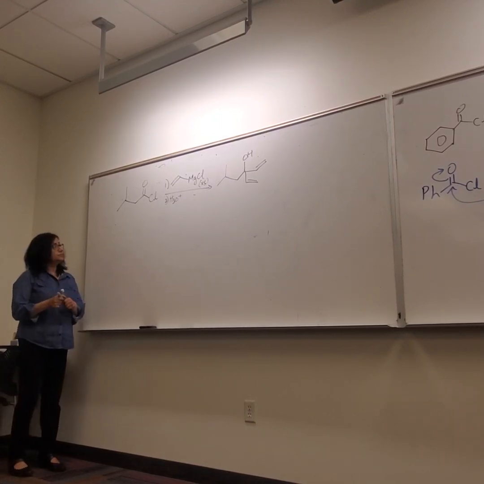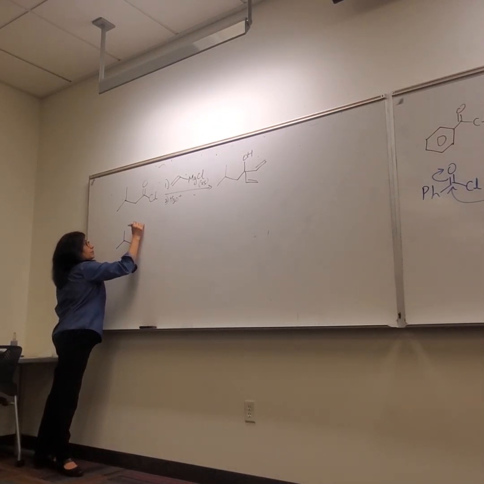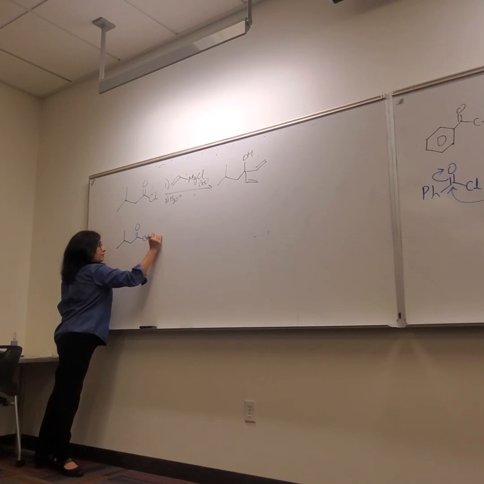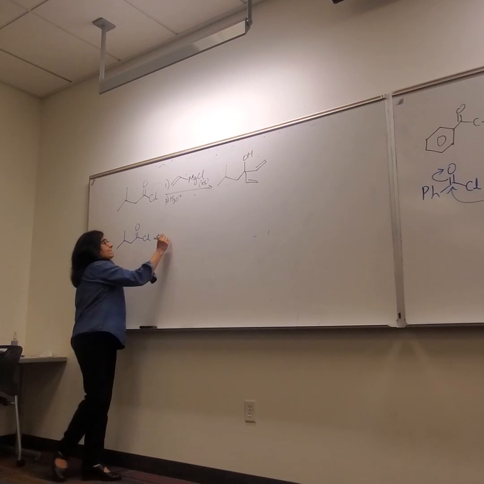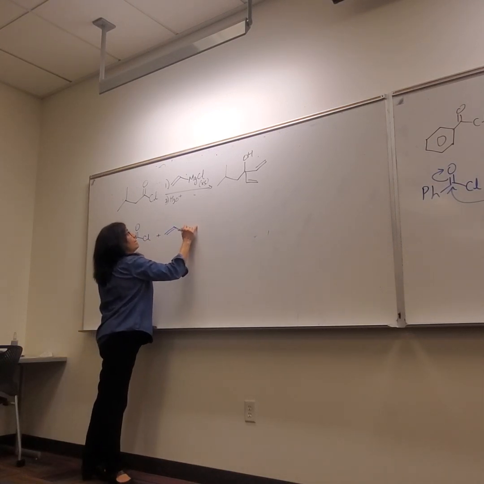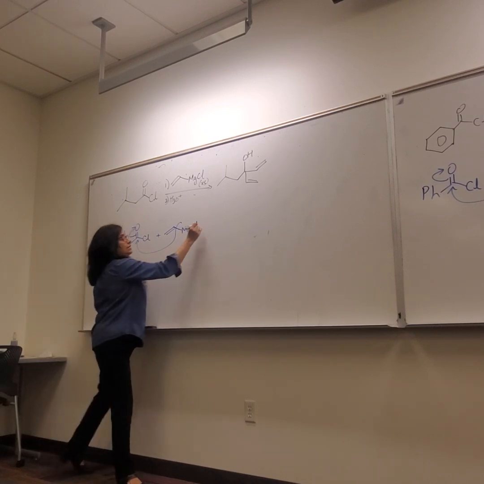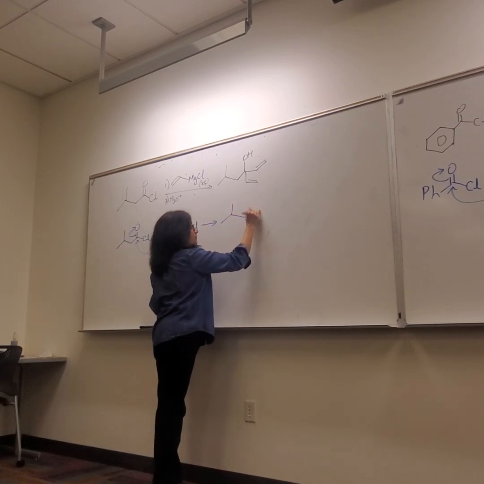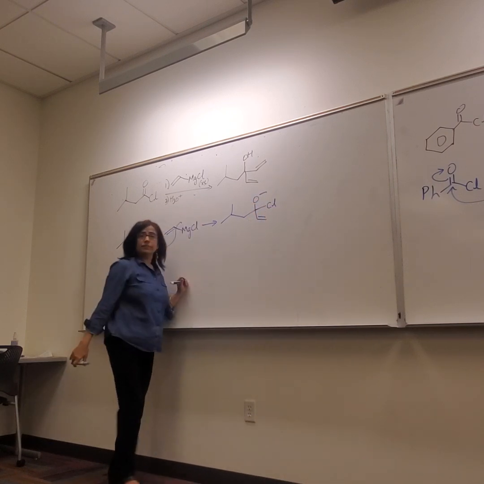Let's write a mechanism. What's the first step? Grignard attacks the electrophilic carbon to make a tetrahedral intermediate. Tetrahedral. Yes. Agreed? Yep.